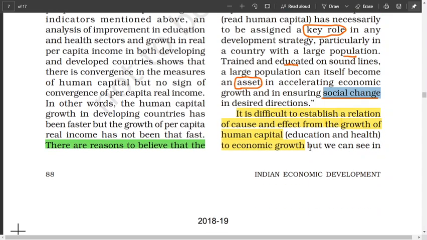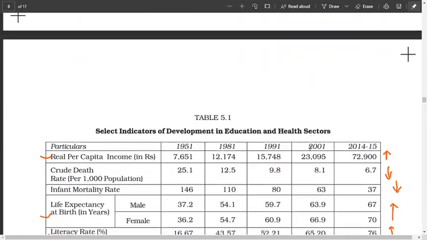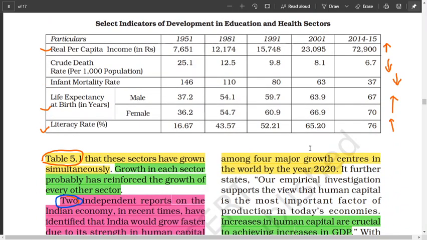But we'll try here, with the help of this table, to look at the data and prove a point that yes, if there is high human capital, there will be high growth in income, or the opposite, high growth of income brings about a high level of human capital. So from table 5, you can see growth in each sector probably has reinforced the growth of every other sector.